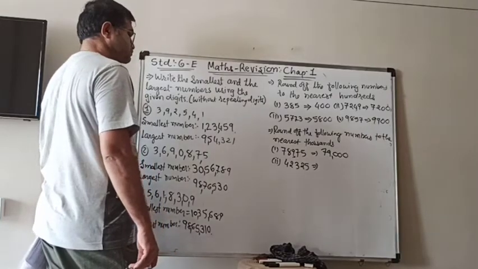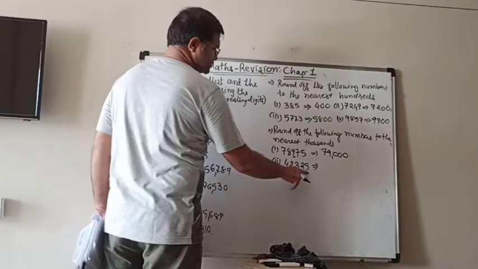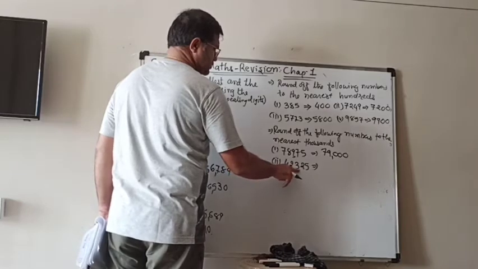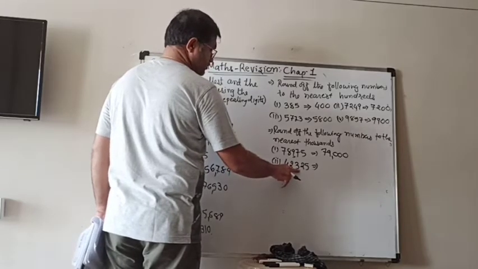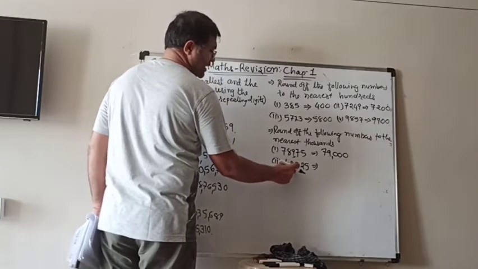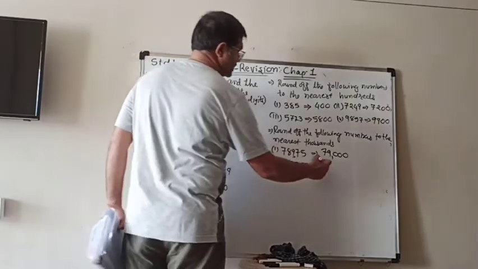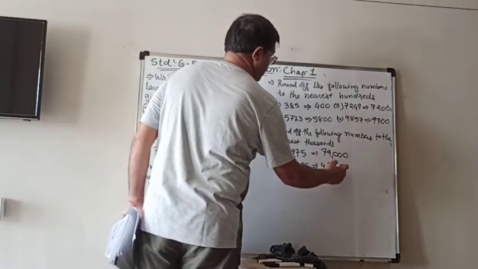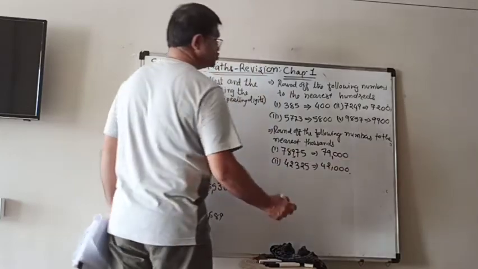Next, 42,325. So now the third digit is less than 5. So we will keep that one as it is and all the others are 0. Means it is more close to 42,000.